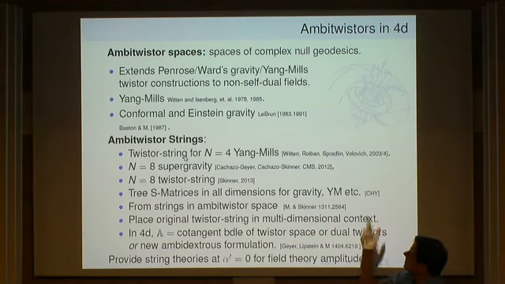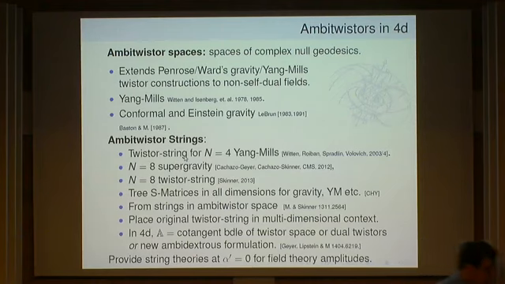This was something I worked on in my thesis, and Claude LeBrun finished the story in '91. I'll tell you a bit about what that story actually is in detail later.